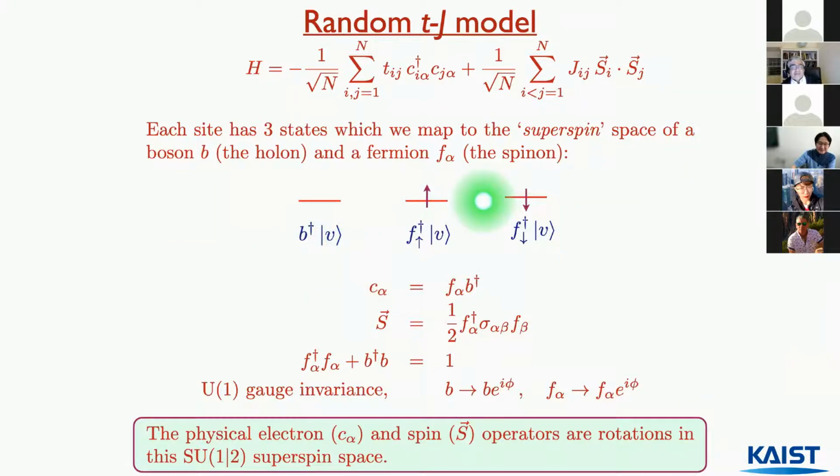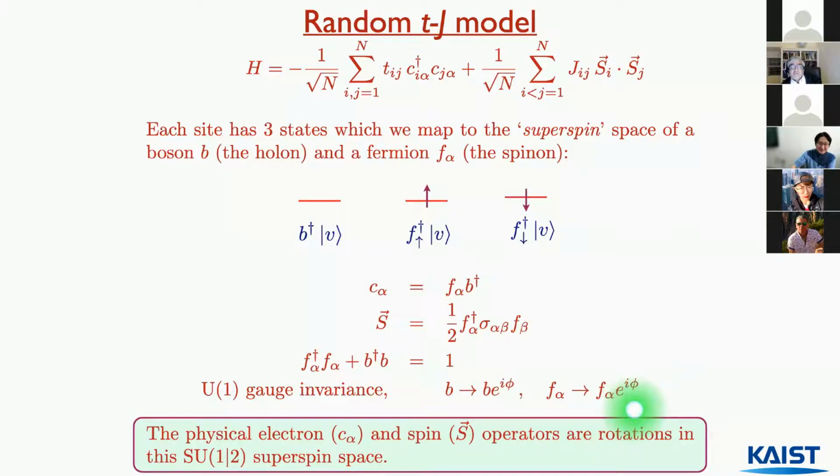One way of describing the three states is that we have some parton, a boson, which describes the empty state, and this would be called the holon. And a fermion, often called the spinon, which describes the spin up and spin down states. Then for the electron operator, if you annihilate an electron, you create a holon and you annihilate a spinon, and similarly for the creation operator. The spin operator acting on these states is just f†f. You have the constraint that f†f plus b†b equals 1, and that induces a U(1) gauge invariance.